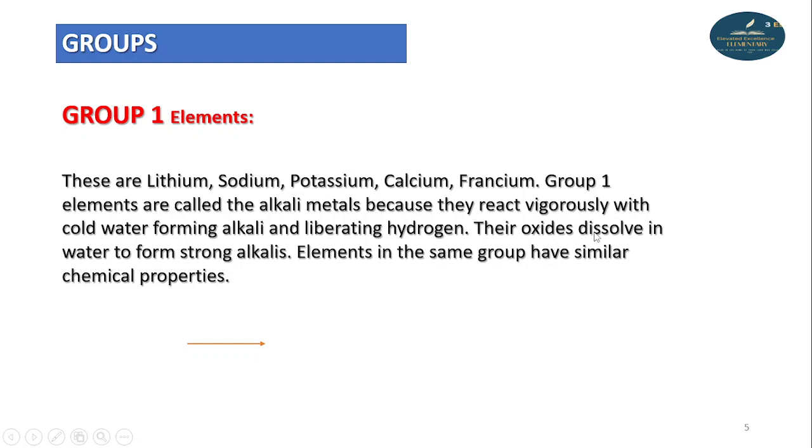So the oxides dissolve in water to form strong alkalis. Elements in the same group have similar chemical properties. So here's an element in group 1. It reacts with water, forming an alkali and liberating hydrogen. The oxides dissolve in water to form strong alkalis.